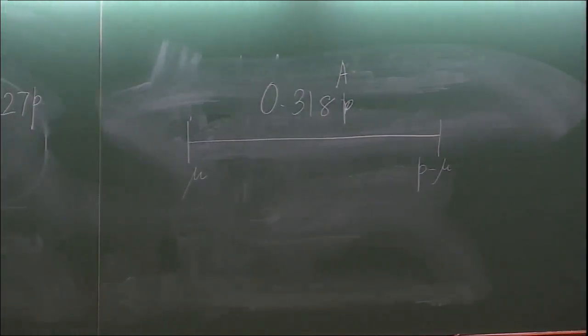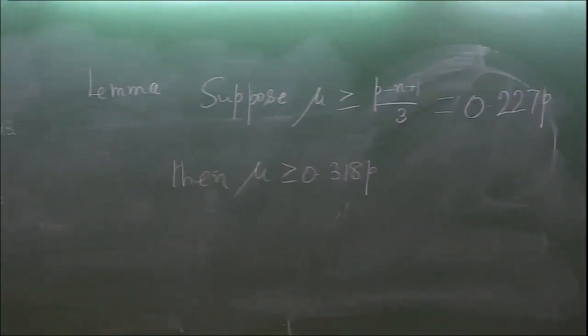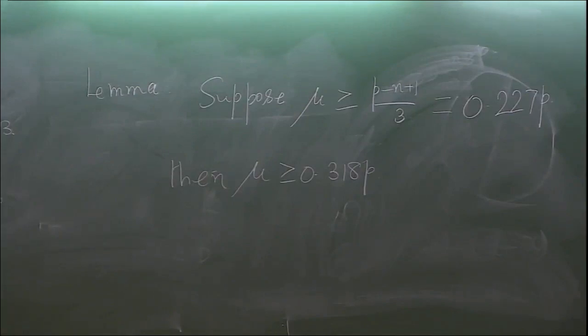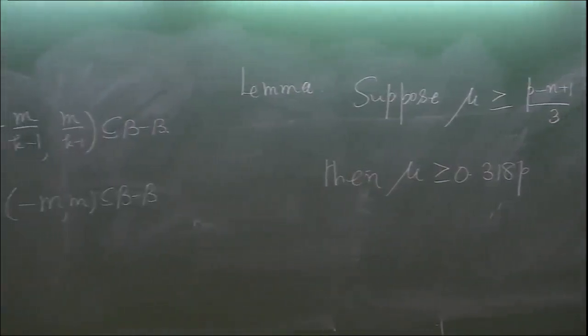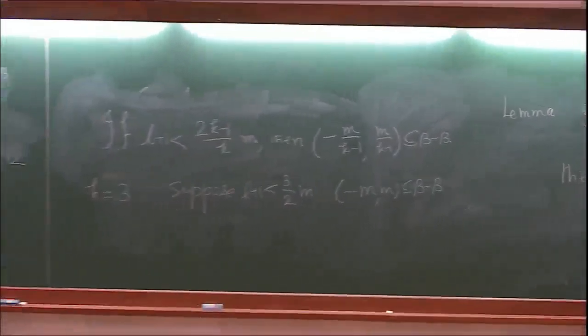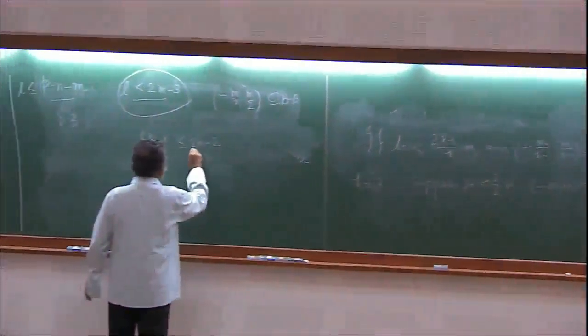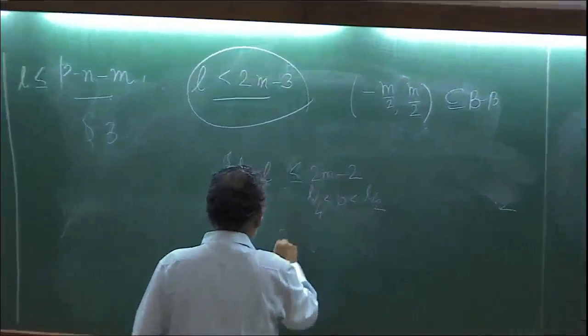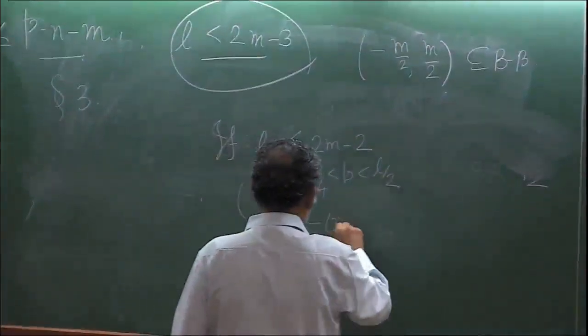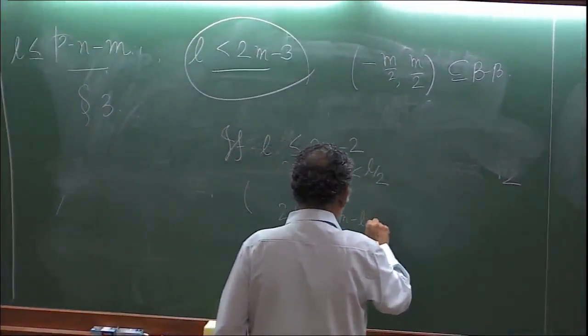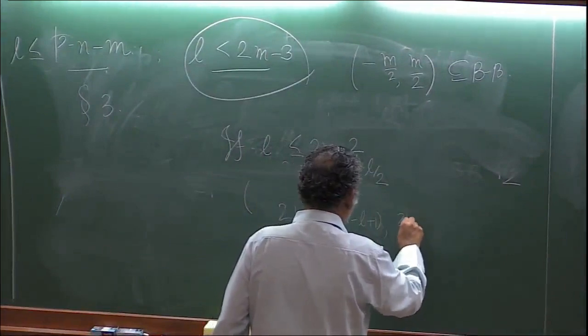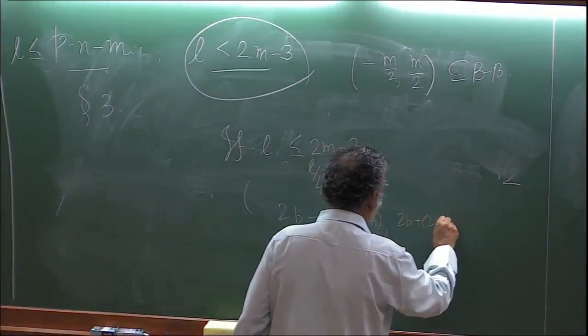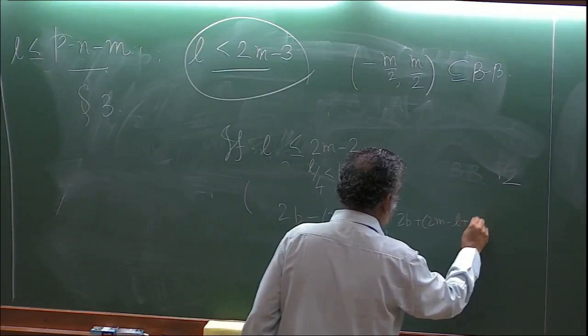that if L is lesser or equal to 2m minus 2, then, for any b which lies between L by 4 and L by 2, 2b minus 2m minus L plus 1, 2b plus 2m minus L plus 1 is A free.